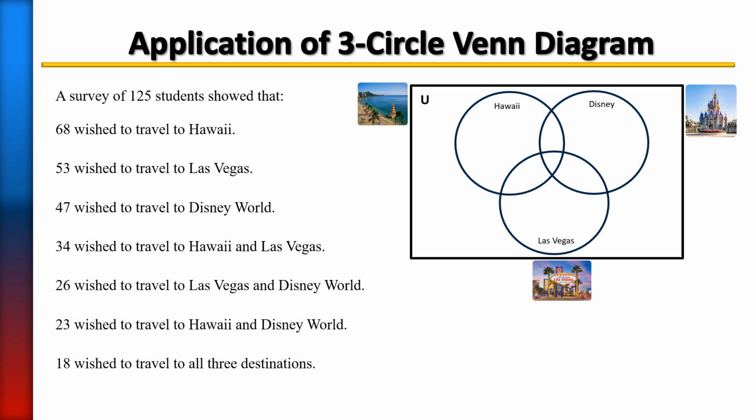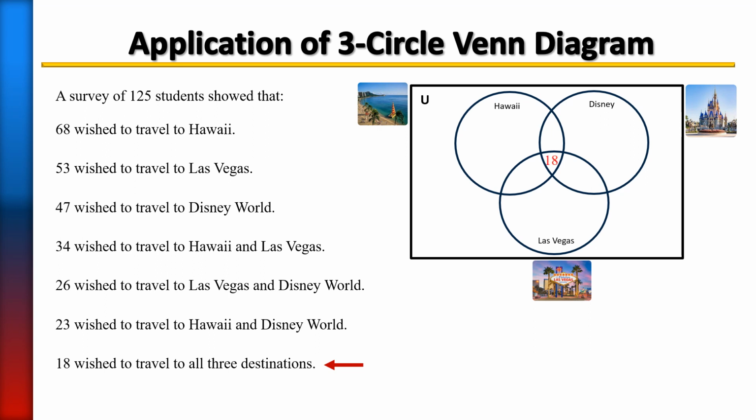So recall the first step is to focus on the data that represents all three circles. If we look at the data, we were told that 18 wished to travel to all three destinations. So that middle area where all three circles intersect, that is where we're going to place the 18.